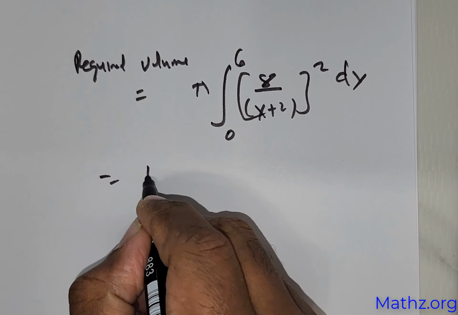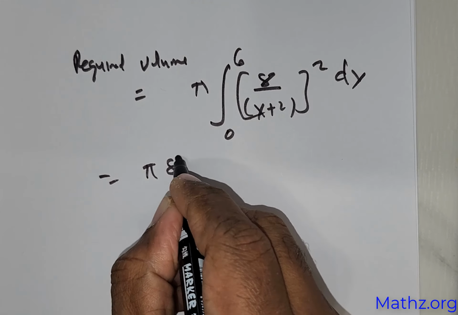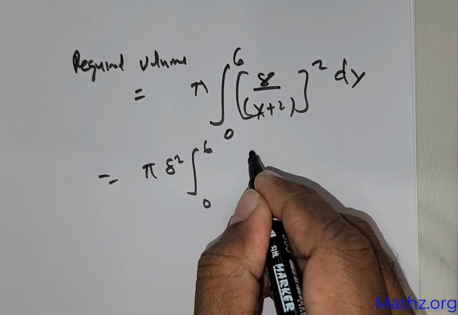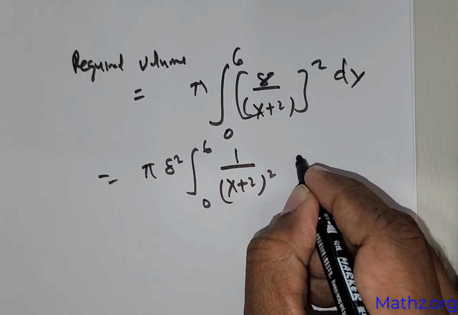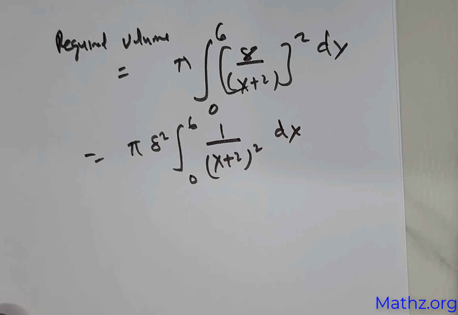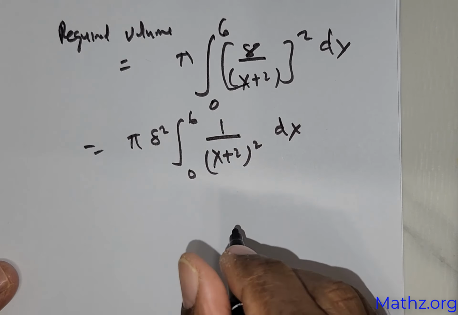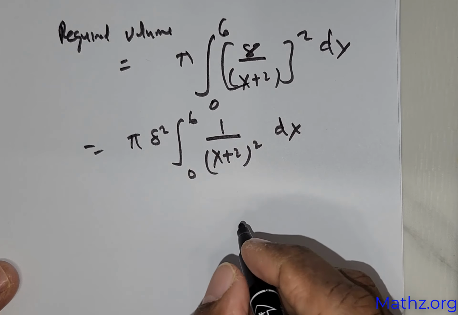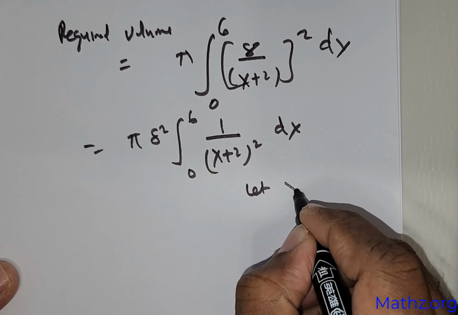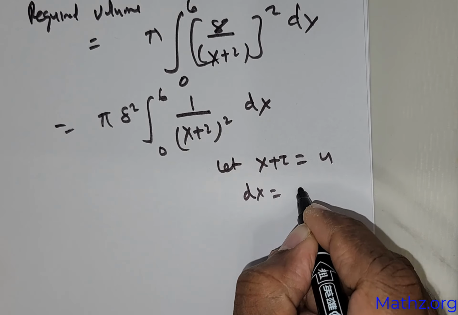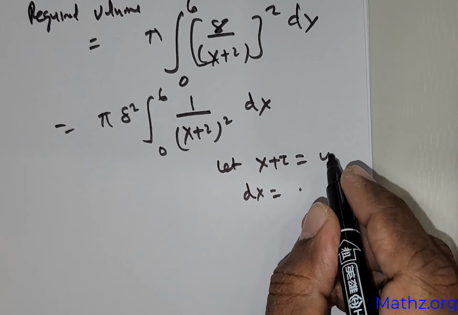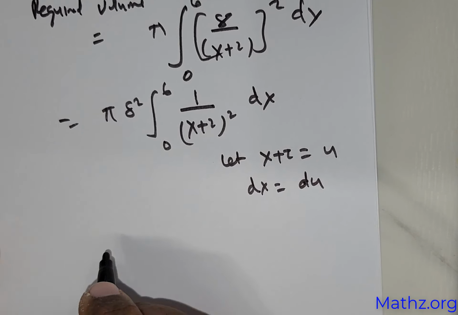So this is going to give you pi times 8 squared, integral 0 to 6, 1 over (x + 2) squared times dx. Now what I'm going to do is I will make the substitution. Let x + 2 be equal to, say, some u. So dx is equal to du.